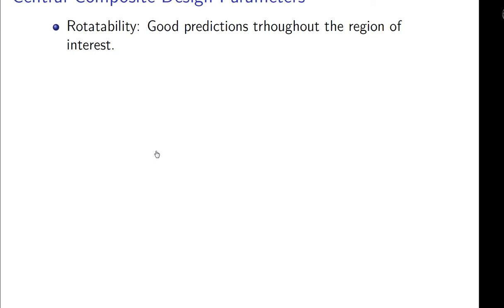If I get good predictions of the response variable from that second order model anywhere within that range as I rotate it, then the rotatability suggests that this is an effective model. It'll give me good predictions.